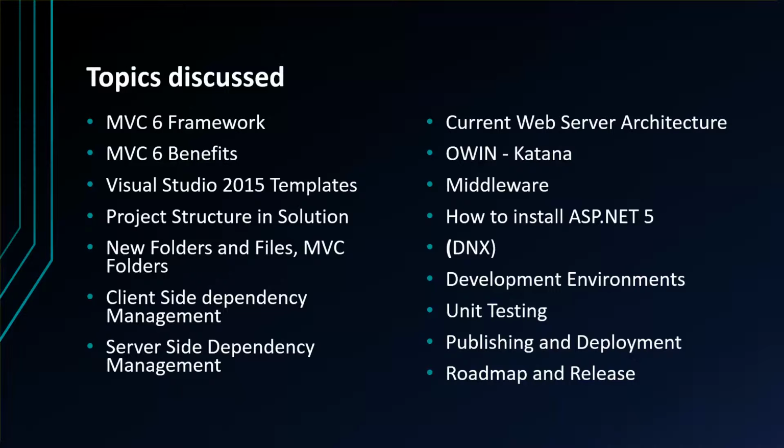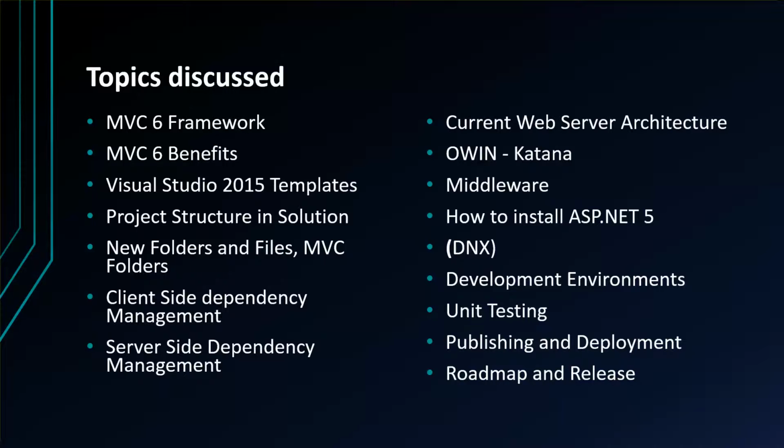project templates for MVC 6 in Visual Studio 2015, project structures and new files and folders, the client-side dependency management tool, the server-side dependency management tool, and the current web server architecture, how IIS and the ASP.NET runtime are coupled together, and how they decoupled the web server and ASP.NET runtime by introducing the OWIN and Katana architecture.